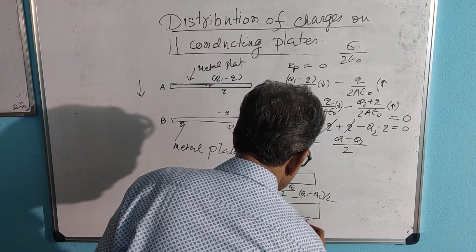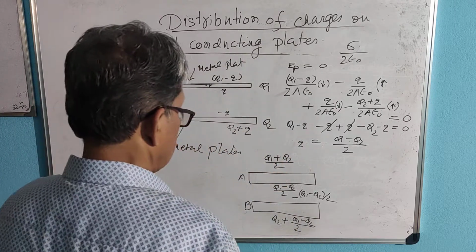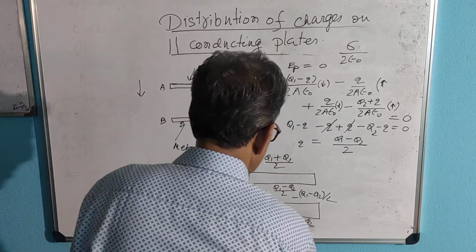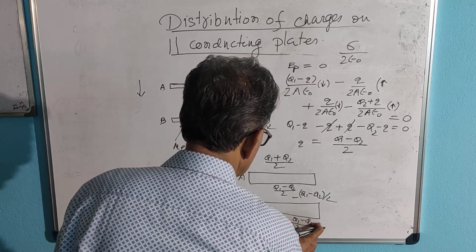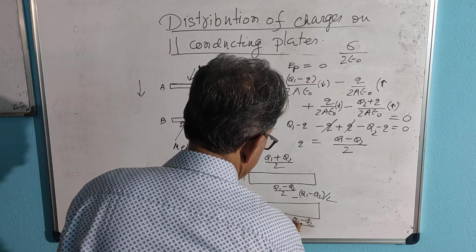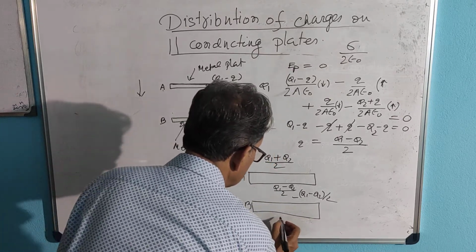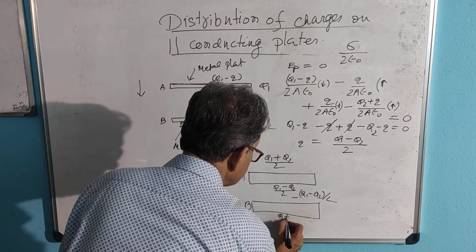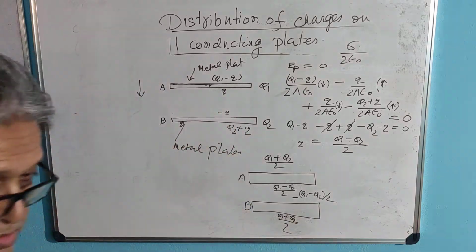(Q1 minus Q2) divided by 2. What you get? Q2 plus twice Q2 minus Q2, this is Q2 and again Q1. So (Q1 plus Q2) divided by 2. That is the distribution of charge.